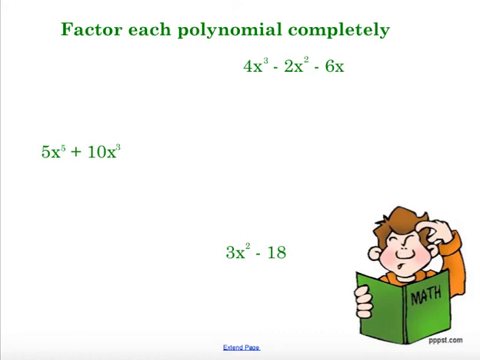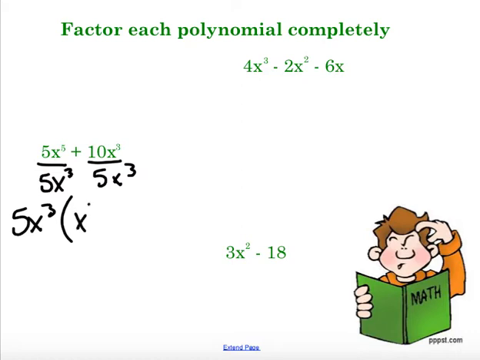5x to the fifth plus 10x to the third, our greatest common factor there is 5x to the third. So we divide that out. We're going to put our greatest common factor on the outside, and in our parentheses we get x squared plus 2. And for this top one here, the one with 3 terms, our greatest common factor is 2x.